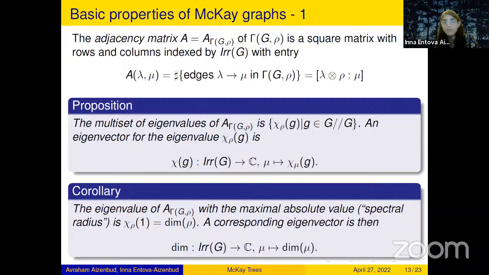And in particular, if we consider the eigenvalue with the maximum absolute value, well, we have one which is obtained when we plug in the unit of our group instead of g. And in that case, the eigenvalue is just the dimension of rho. The corresponding eigenvectors would be just the dimensions of the corresponding irreducible representations. So this is exactly the labeling of the vertices which we saw earlier. So the labeling of the vertices can be determined from the adjacency matrix of the graph.